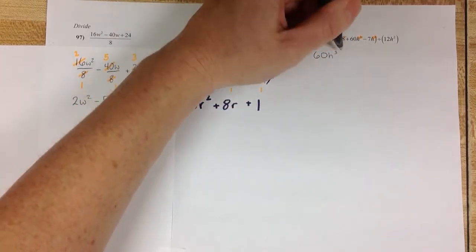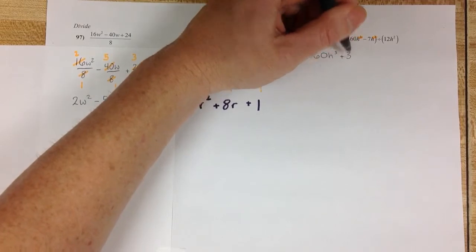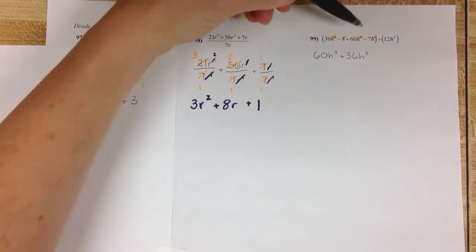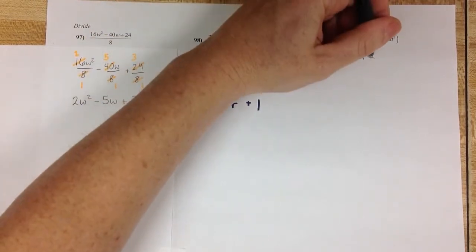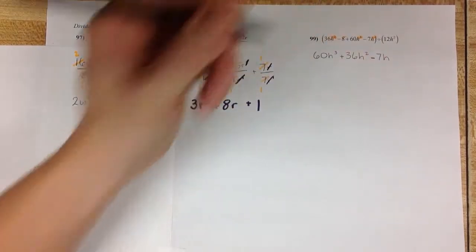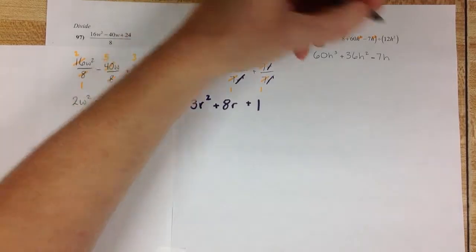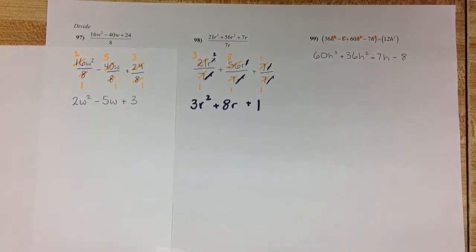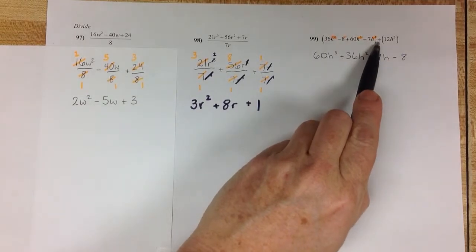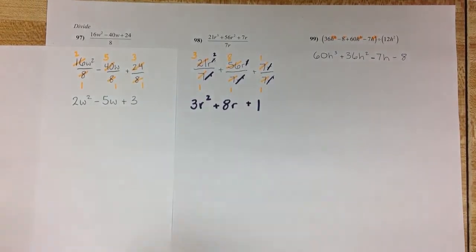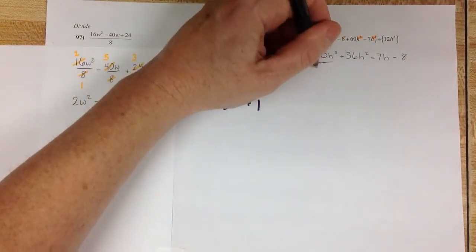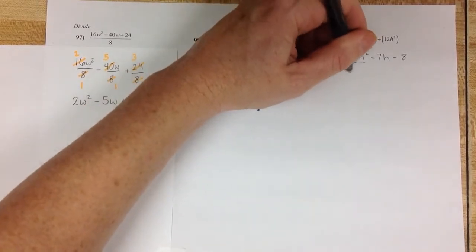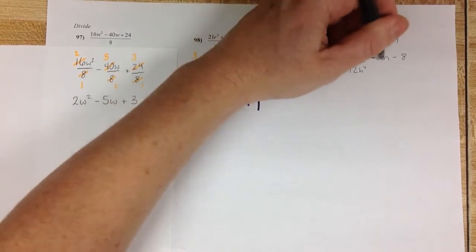The 36h squared is positive, so it's going to be a 36h squared. My 7h is negative, so it'll be minus 7h, and then minus an 8. And each one of these terms is getting divided by 12h squared. So I'll go ahead and write the 12h squared underneath each term.